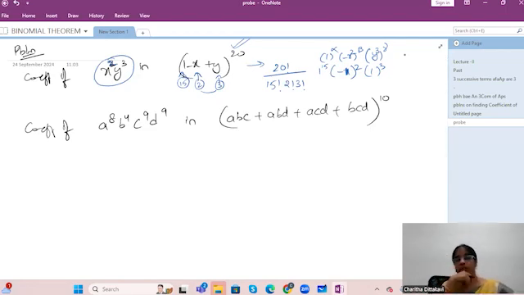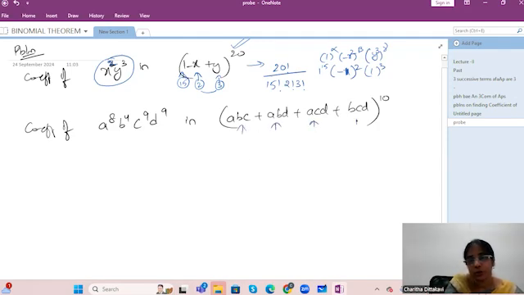Right. Now the question comes for the next question. Coefficient of a power 8, b power 4, c power 9, and d power 9 is what I'm supposed to get. 8, 4, 9, and 9 is what I'm supposed to get. I am having 4 terms.